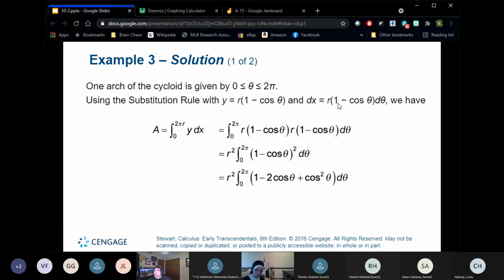So that's also r times 1 minus cosine theta. And then I have the d theta at the end. So the r's are going to come out. I get the r squared out. And then I have 1 minus cosine theta squared, which we FOIL out, and I get 1 minus 2 cosine theta plus cosine squared theta. Are we good to that point?